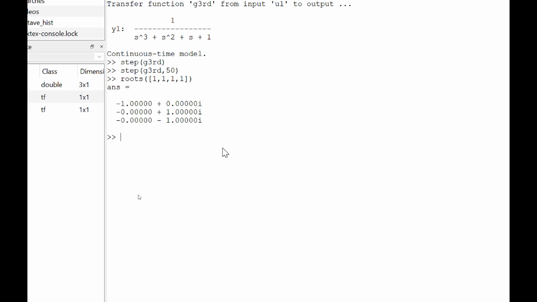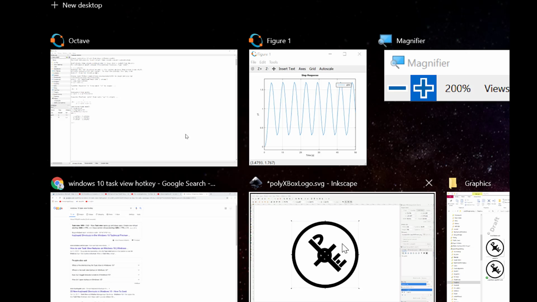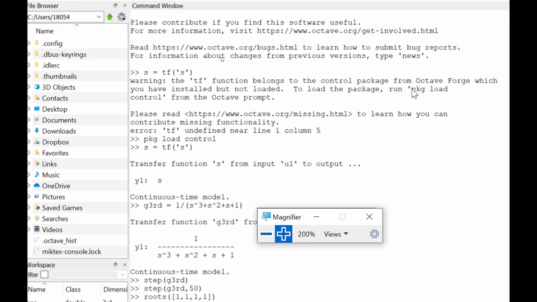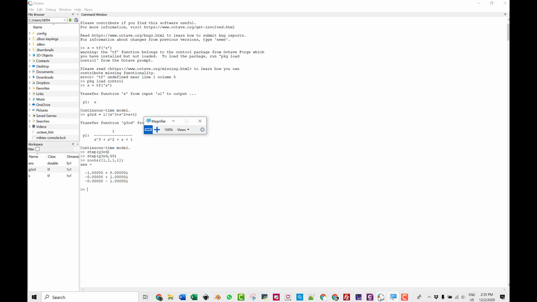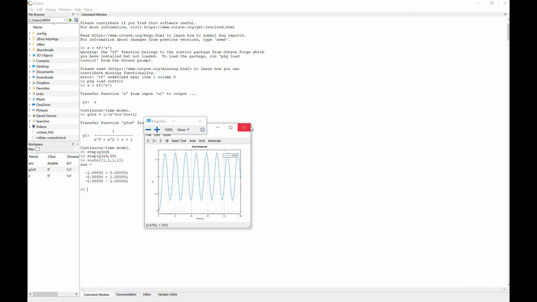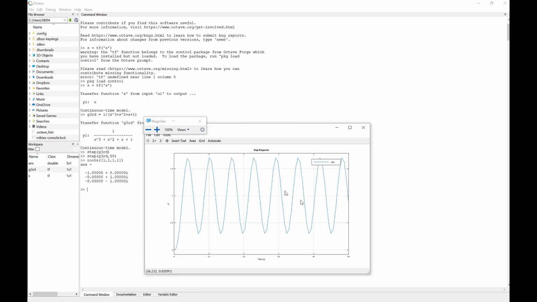Let me get back to that. I go to Octave and figure 1. So the oscillation is not getting bigger, but it's not getting smaller. So this is a marginally stable system.